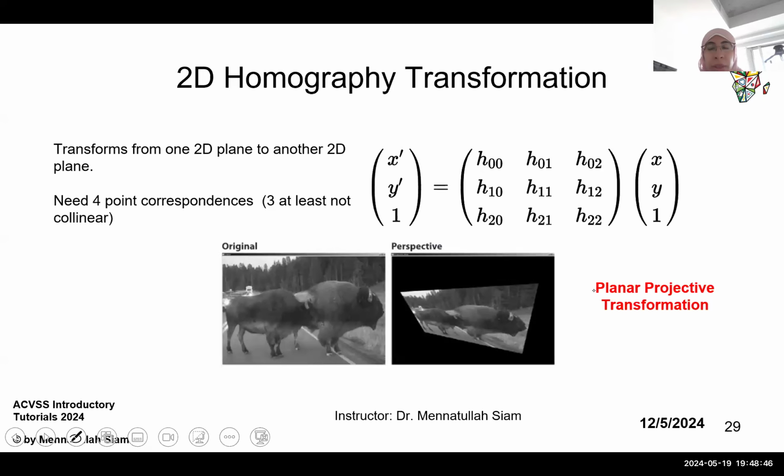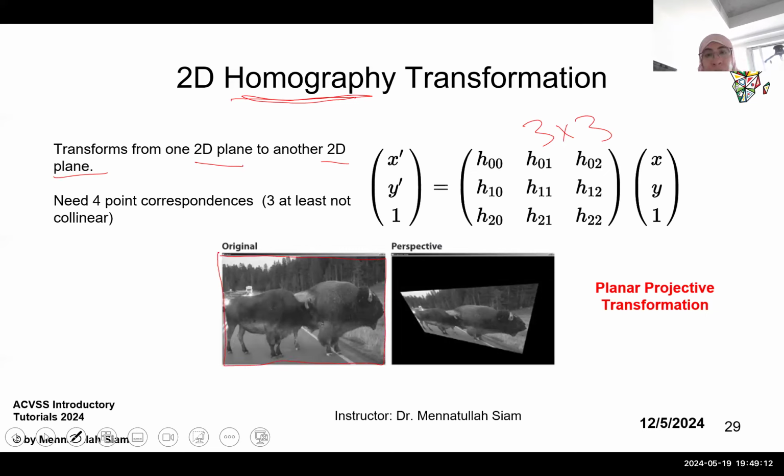The final transformation you need to know in the projective geometry is the homography. So homography, it's a 3x3 transformation matrix. And what it does, it transforms from one 2D plane to another 2D plane. So look in here, this is the original 2D plane. Okay.